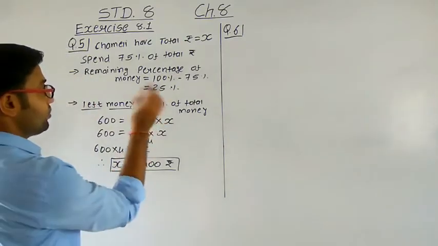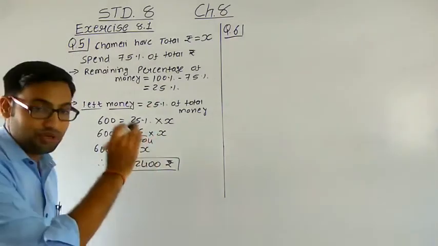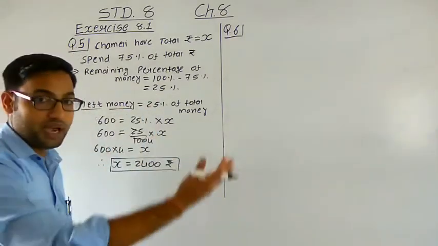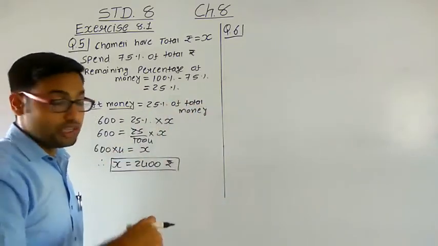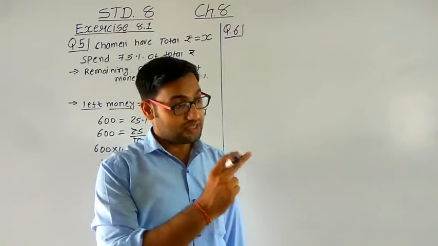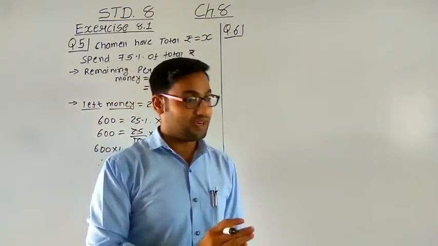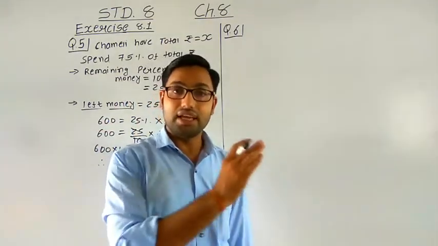Do not get confused, do not take the 75% of the total money, because that much of the money she has already spent. So how much is the remaining? We have to think about which percentage we have to take: the percentage which she has already spent, or the percentage of the money that she has left.